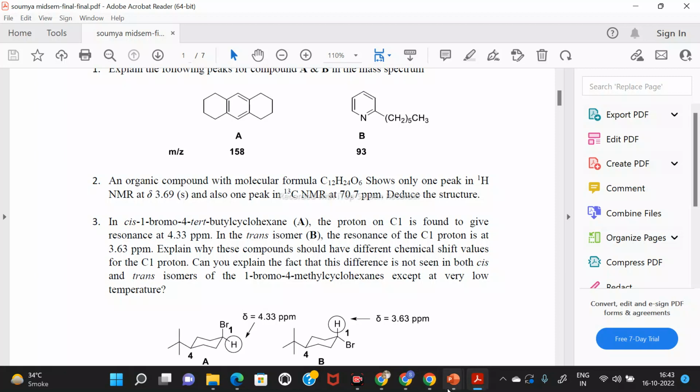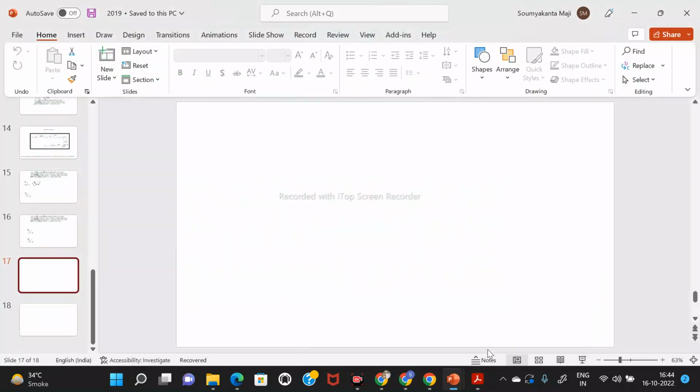Okay, before that I am trying to say something. Let's say if you have a CH3 group, the value should be 0.9. If you have a CH2 group, the value should be 1.4. If you have a CH group, the value should be 1.7. Can you explain the observation of the delta value? If the hydrogen is less, then the value is high and downfield.